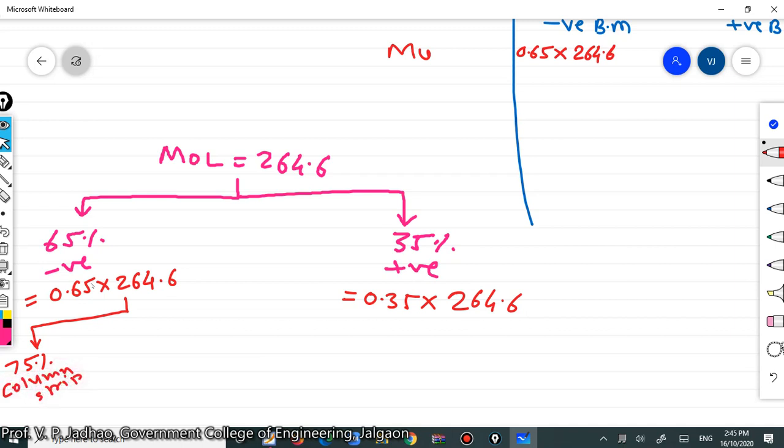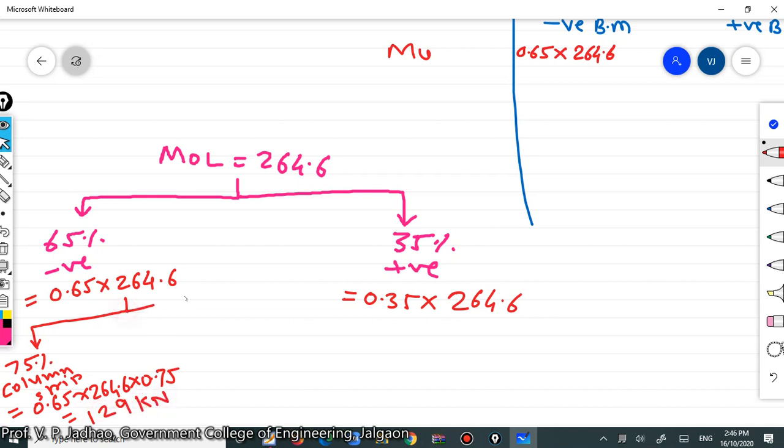So again what we have to do, just multiply this value 0.65 into 264.6 again multiplied by 0.75. This much negative bending moment will be taken by the column strip. So it comes out to be 129 kilonewton meter.